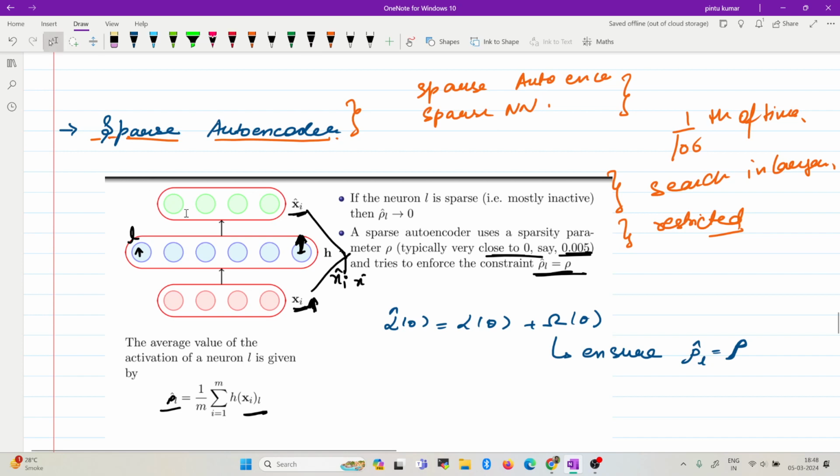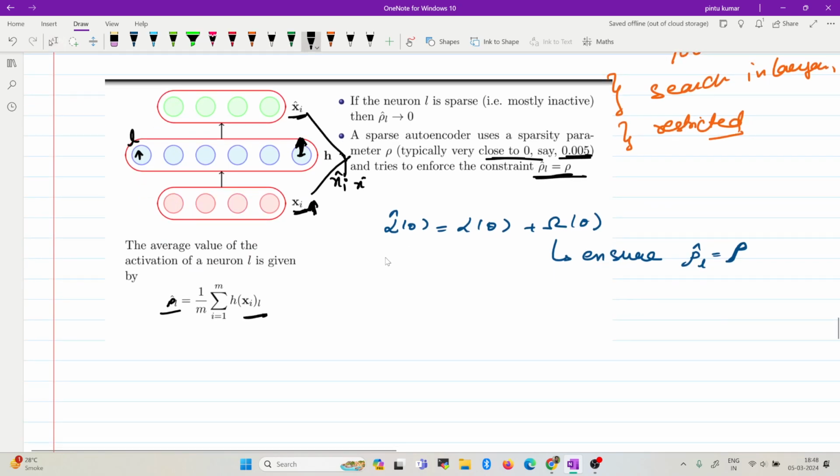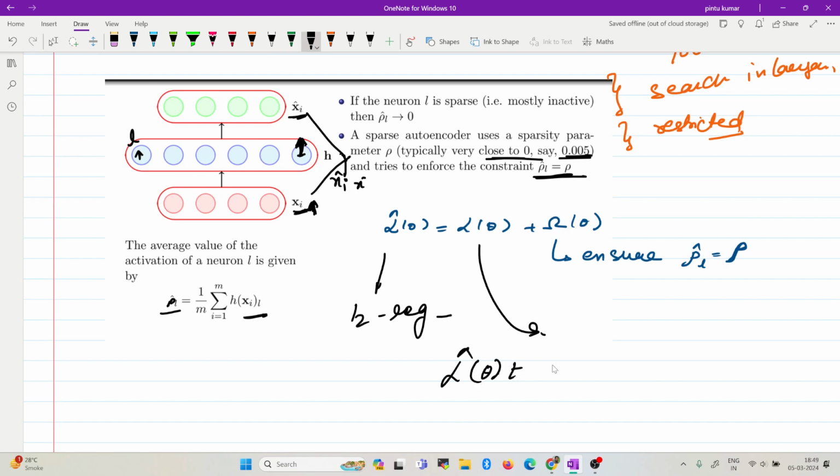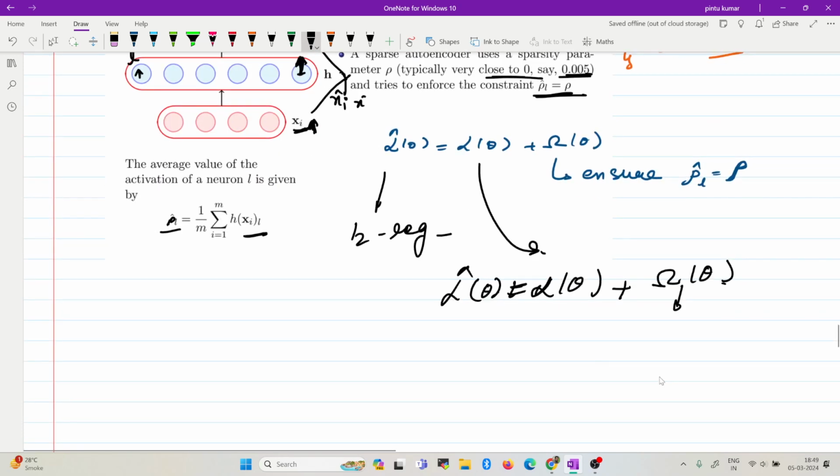Okay, so the way we regularized in case of L2 regularization, we do a similar kind of regularization over here also. So our loss is modified by, so we have some original loss that we can pick, plus some sigma of theta. What is this sigma of theta? This will ensure that my rho L is as close as possible to rho.